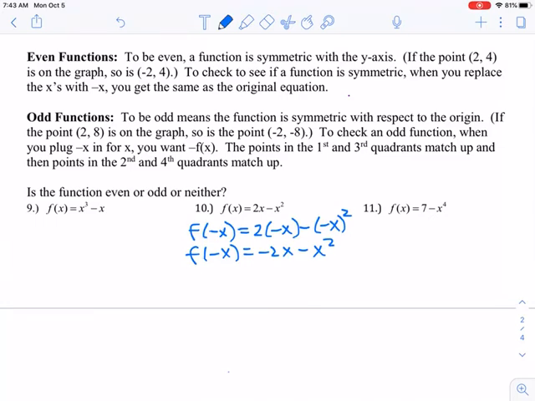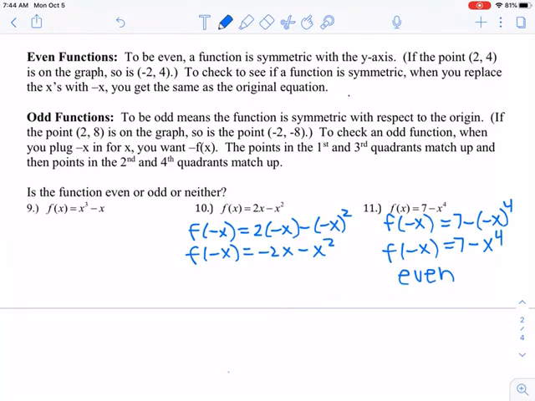Let's check number 11. F of negative x, 7 minus a negative x to the 4th, is going to give me a 7 minus x to the 4th. So it checks out. It is an even function. It's the same as the original.